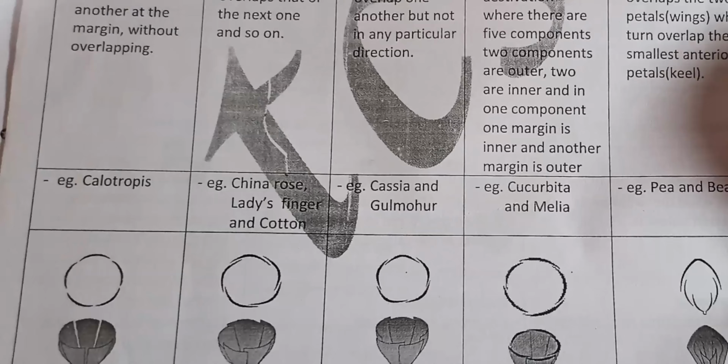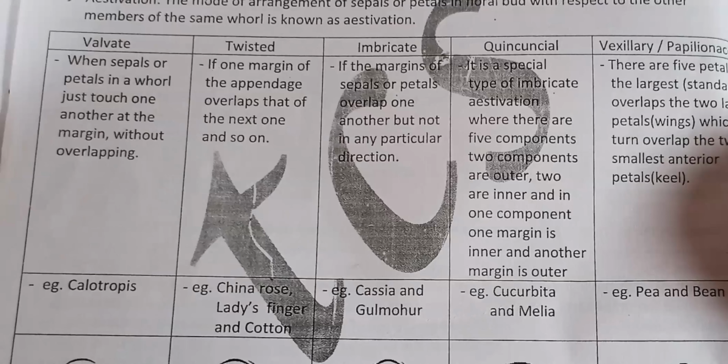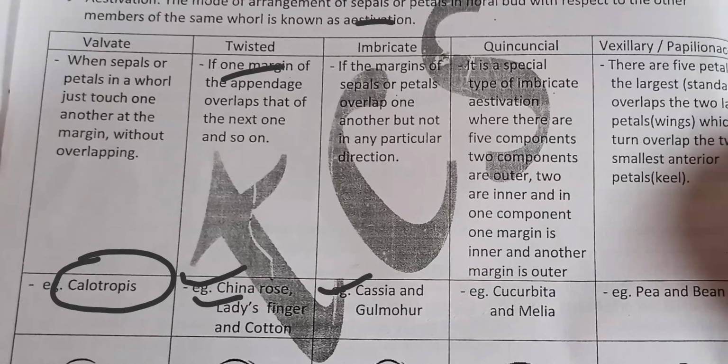Let's move to examples. First, valvate estivation, example Calotropis, Akro. I showed the picture, remember, right? Second, twisted: China rose, hibiscus, then lady's finger, bhindi as we call it in Gujarati, and then cotton. Third, Cassia and Gulmohar in imbricate estivation.